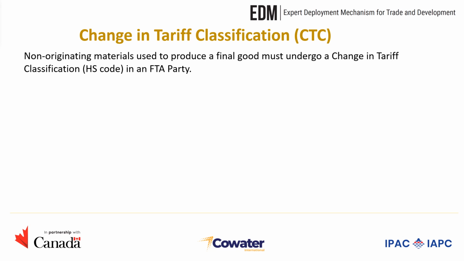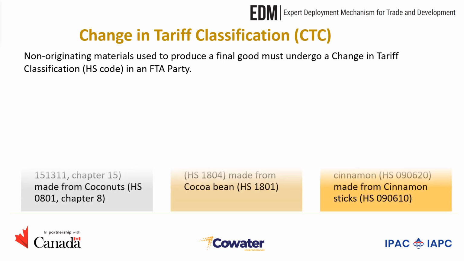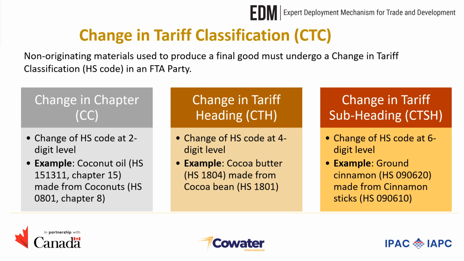The CTC rules can be divided into three levels of the HS, as we also mentioned earlier: the change in chapters at the HS 2-digit level, the change in tariff heading at the HS 4-digit level, and the change in tariff subheadings, which is at the 6-digit level.